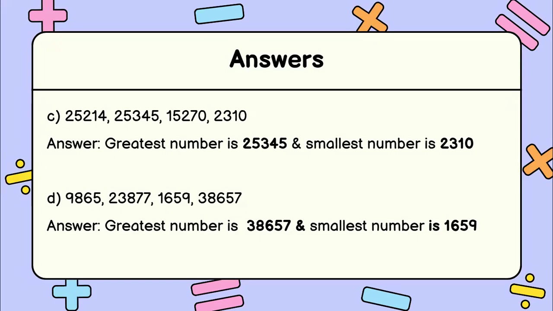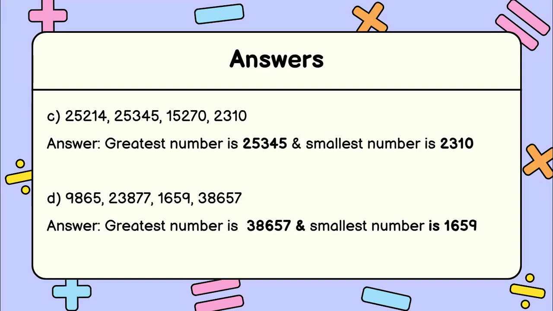So the greatest number will be 25,345 because compared to 25,214, it has greater digits. And the smallest number will be 2,310 because it has one digit less.